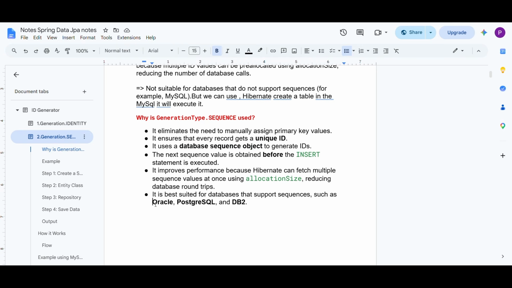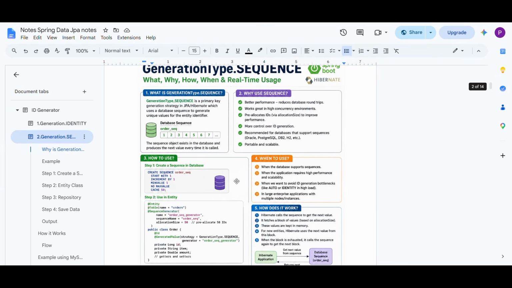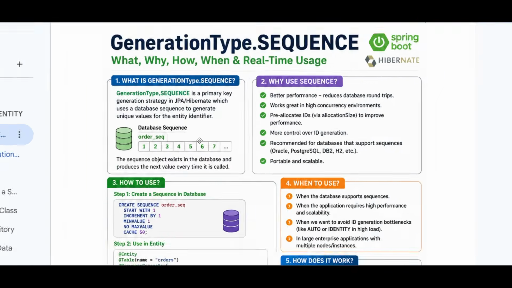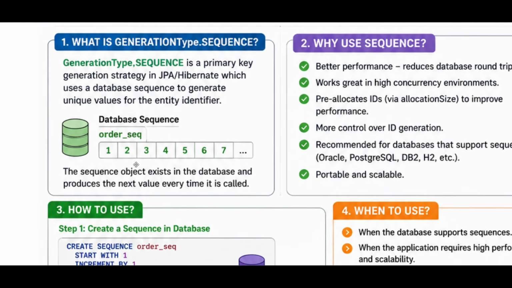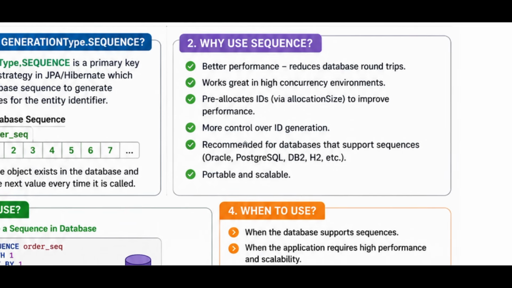Oracle, PostgreSQL, DB2 use sequences, while MySQL uses identity. Here you can see, they will insert 1, 2, 3 like this. Why do we use it? Better performance, reduced database hits, more control on ID generation.